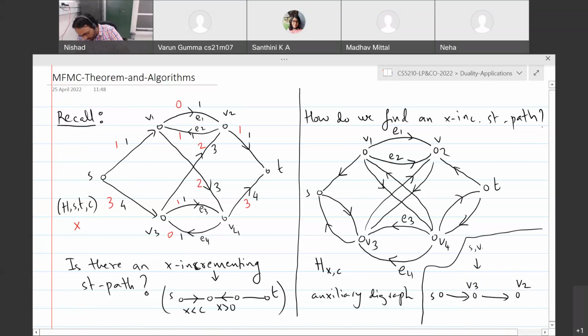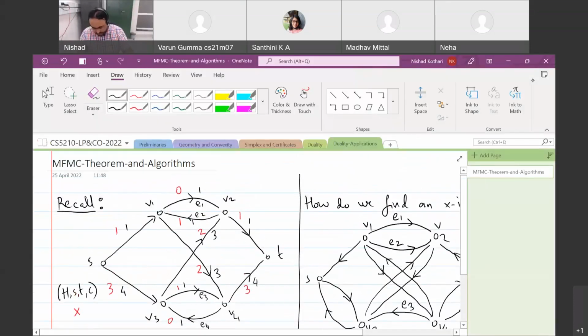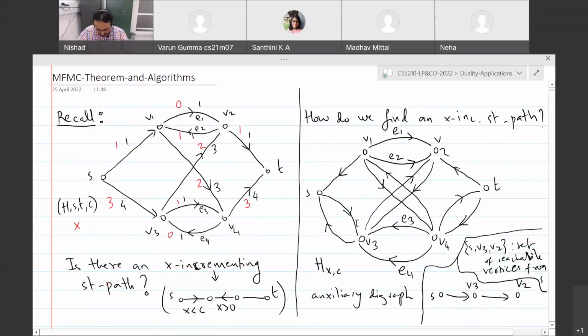So {s, v3, v2} is the set of reachable vertices from s using dipaths. And let us see what this corresponds to in our original instance. Let us look at the cut corresponding to {s, v3, v2}.